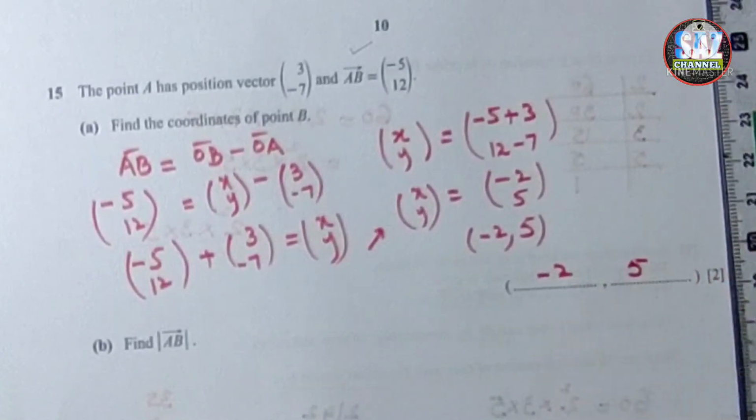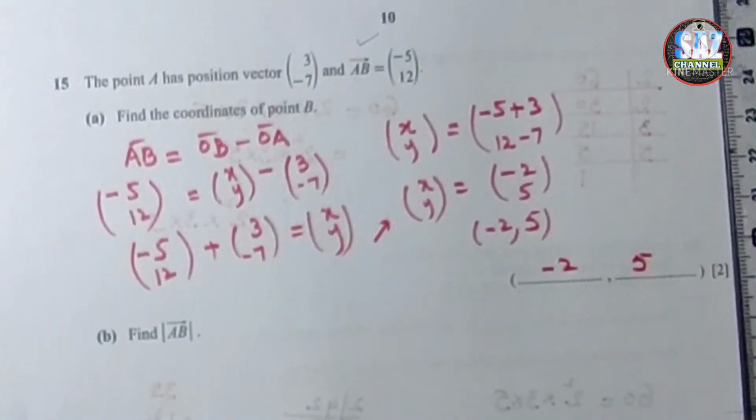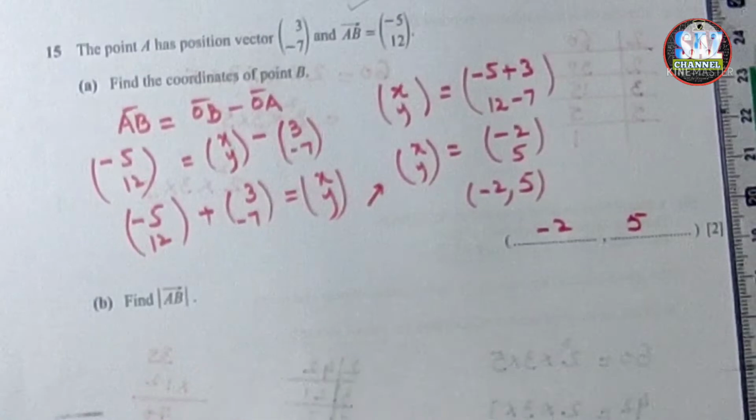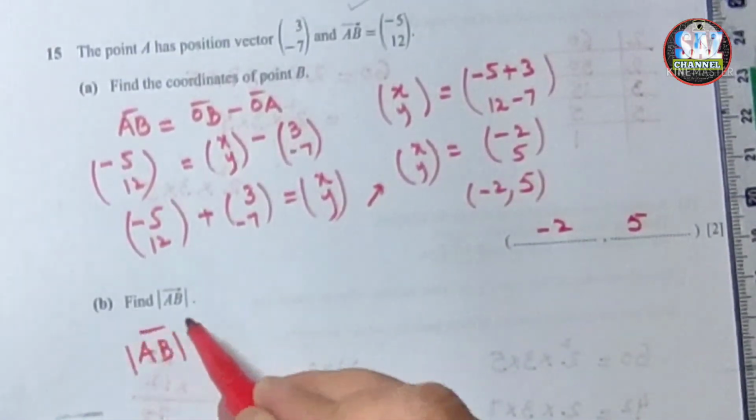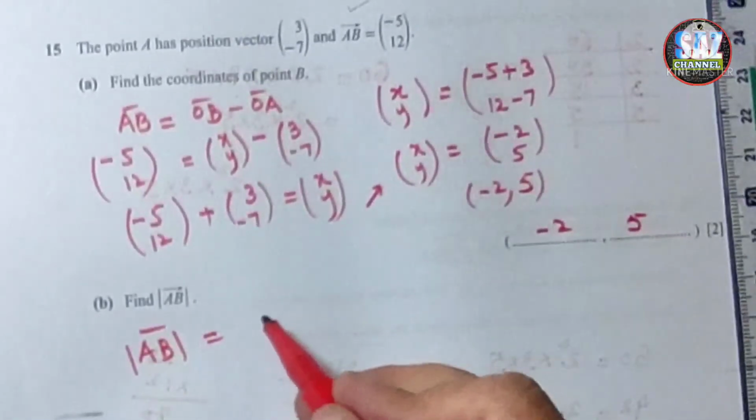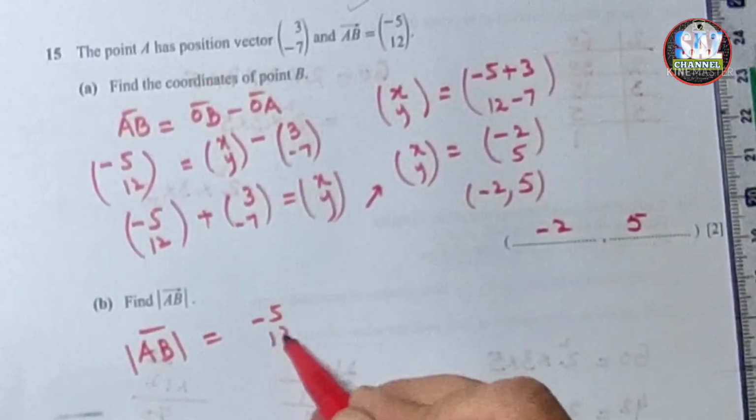Really easy question. And then we have to find the magnitude of AB. So we have to find the AB distance, AB magnitude, which is given as -5 and 12.